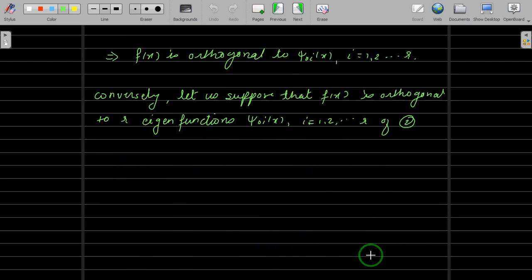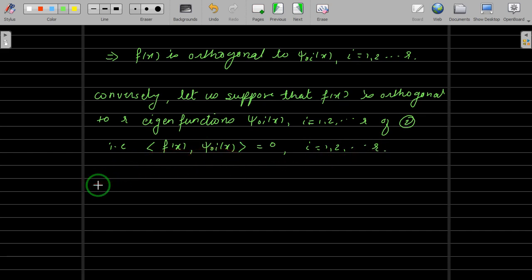So we assume that your f(x) is orthogonal to r eigenfunctions of this transpose equation 2. I have not written equation 2 again. The meaning of this is that the inner product of f(x) with psi 0 i of x is 0 for i equals 1 up to r.